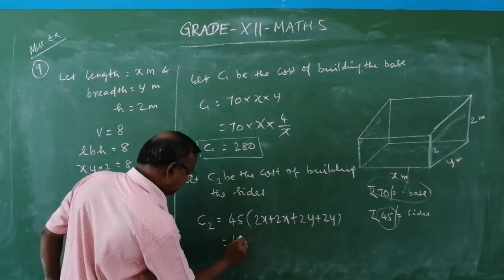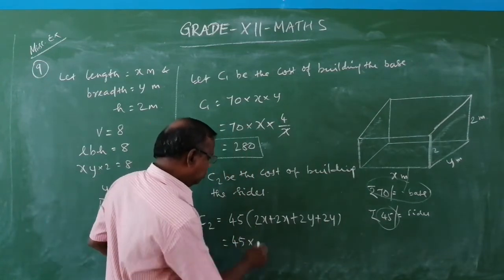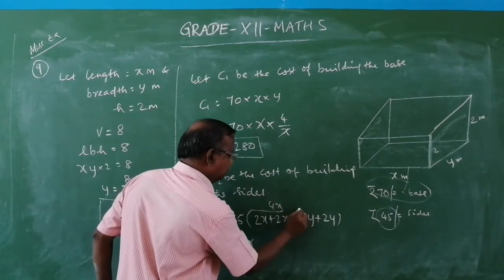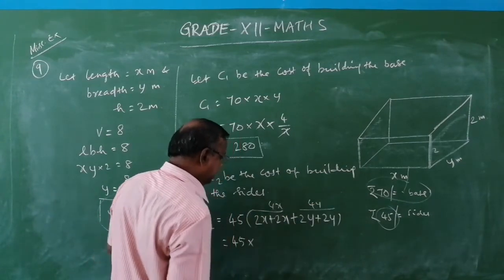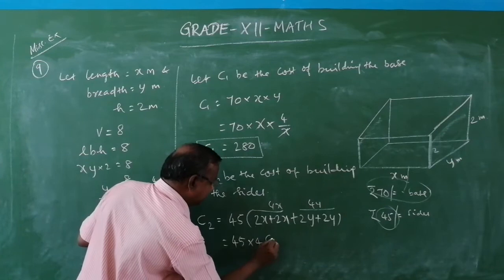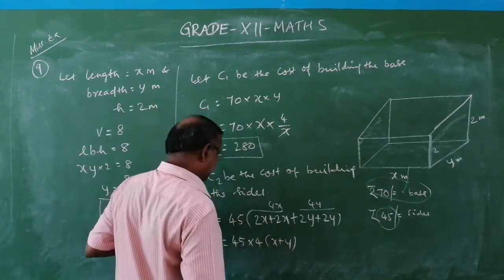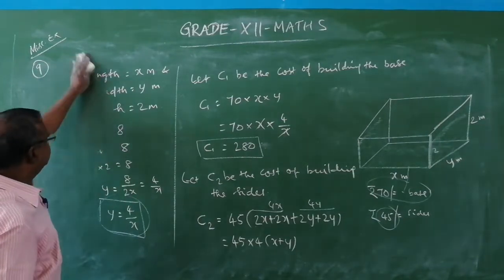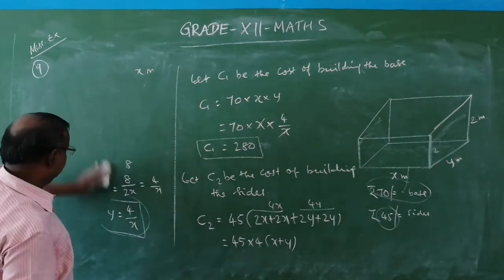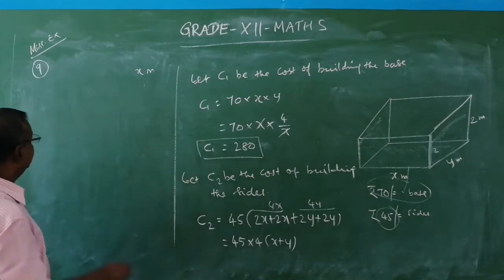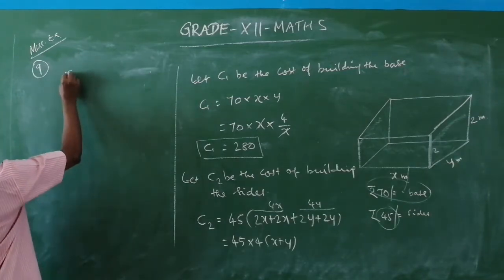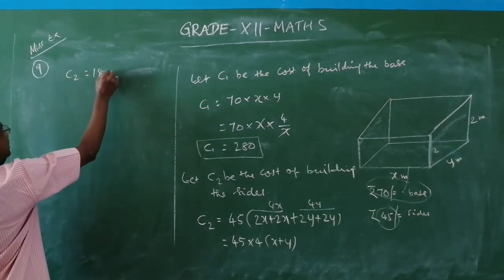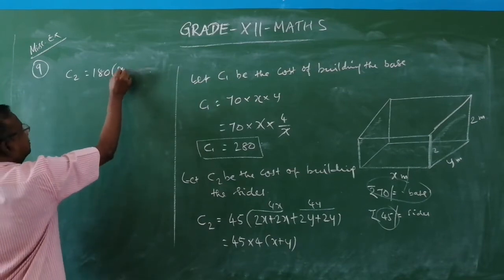That is 45 into (4x + 4y). Taking out 4, C2 equals 180 into (x + y).